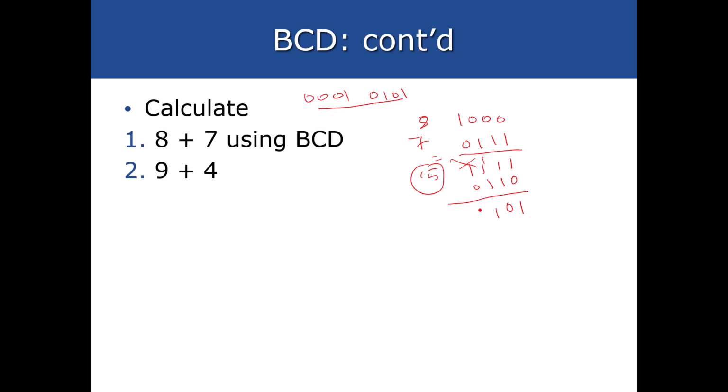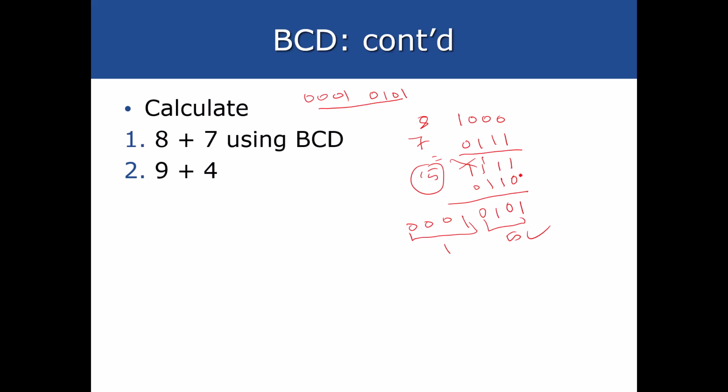I have 1, 0, 1. So we get this number, and I need to split it into groups. So what we're getting here is this one is 1, and this one is 5. See, I got the right number by how I corrected.